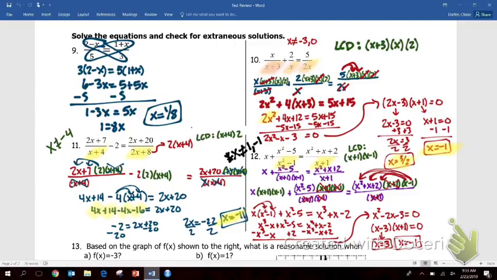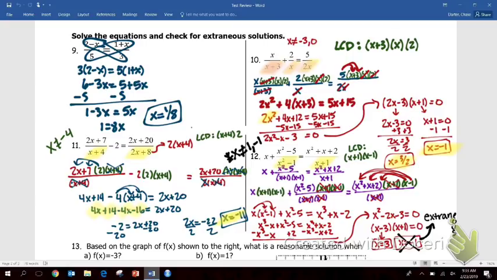Well, if we go back and look at our answers, we got negative 1 as an answer, and we can't have negative 1 as an answer because that makes us divide by 0, and the word for that is extraneous.